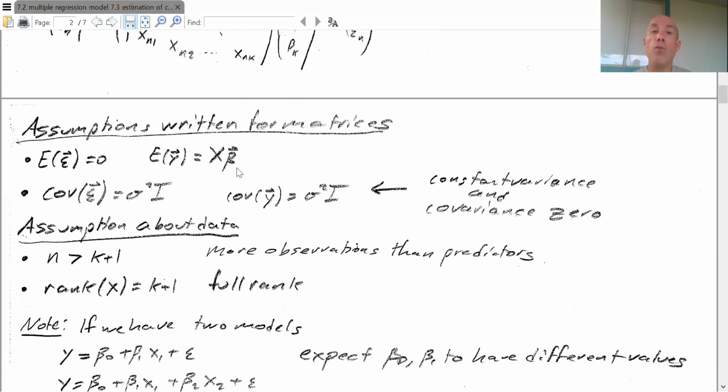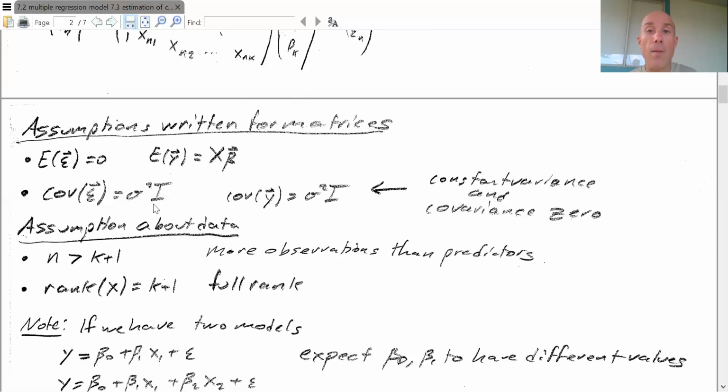And now the next one, this actually has two assumptions packed together. So we had our second assumption and our third assumption. Our second one was saying that we had constant variance. Our third assumption was saying that we had independent observations. Well, if I have covariance of 0 and I take a covariance matrix, I'm going to have zeros off of the diagonal, right? Okay, now if I have constant variance, then my diagonal of the covariance matrix is going to be a constant.